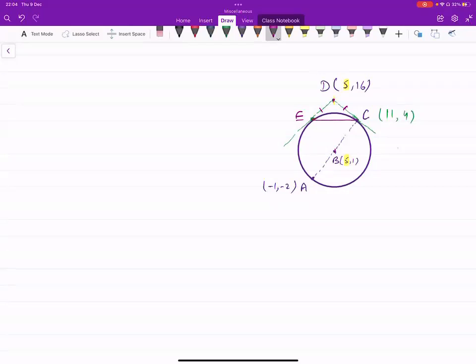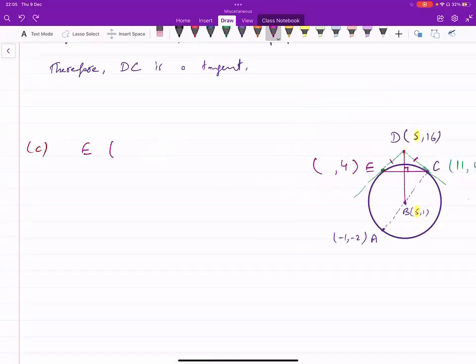And the reason for that is that D was directly above the point B. So if I were to draw this line here like this, remember we discussed this, this is 90 degrees. So if BD is vertical, EC is horizontal. What that means is the y coordinate here is going to be 4. So you've got the y coordinate from there already. Same level as the point C, the y coordinate is 4.